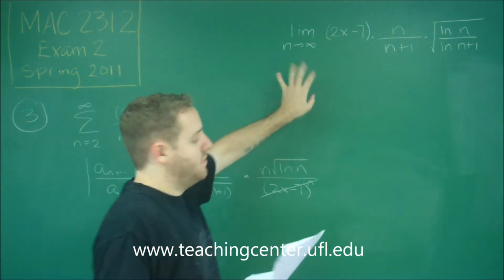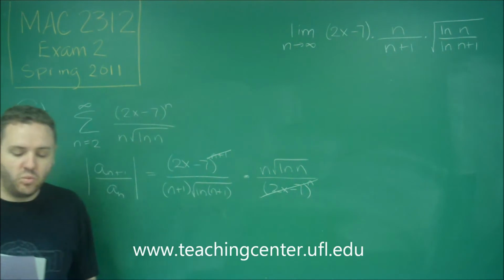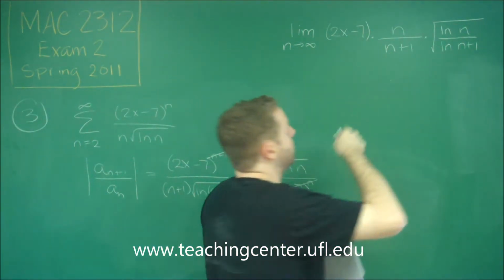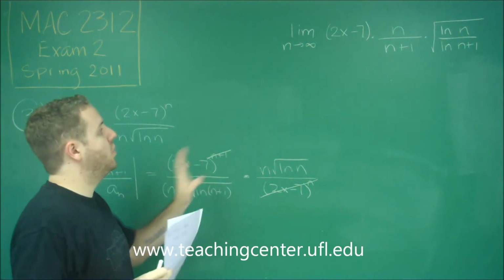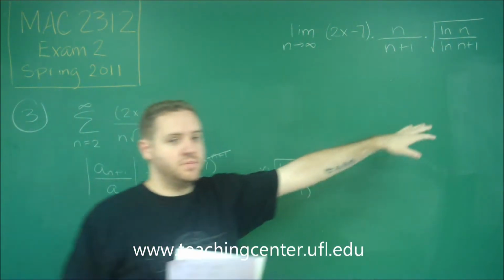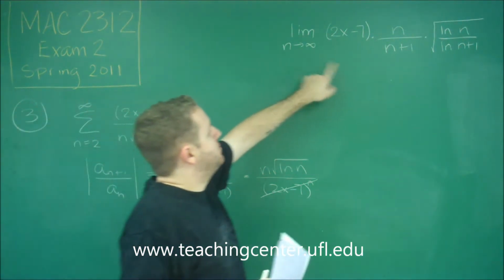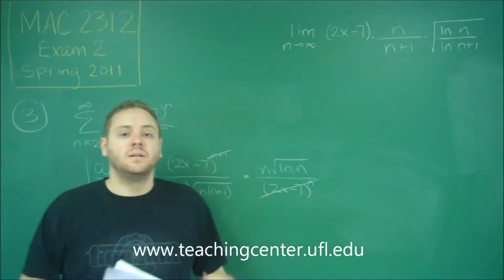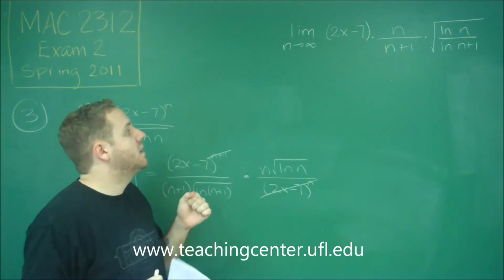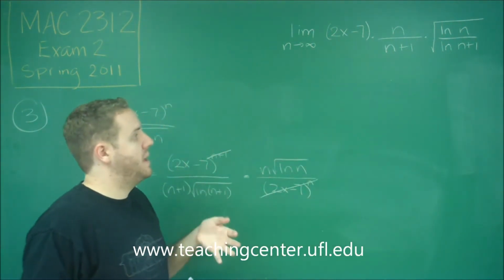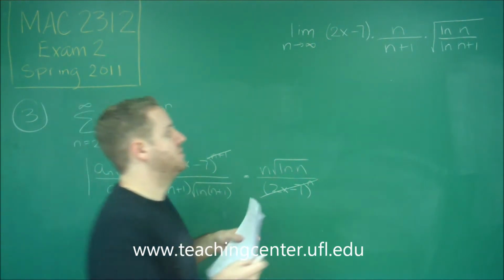So if this converges, which is what we're trying to find, where does this converge? This has to be less than 1. So let's see what goes on with these n terms, and then we can solve for x. Well, the limit as n goes to infinity of n over n plus 1 is just going to be 1, because you can think of it as a rational function, n on top, n on the bottom, same degree. Look at the coefficients.